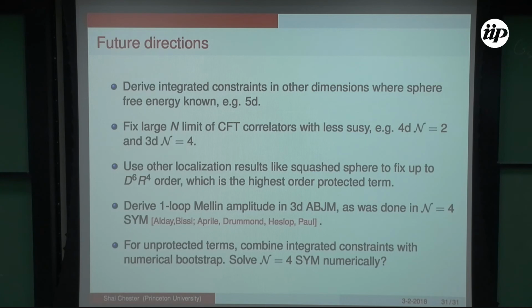And now that we have these localization constraints, which allow us to feed into the bootstrap exactly known quantities about theories, and quantities which are known as functions of all the important parameters, such as N, k, g_YM, we can feed these into the bootstrap and then, combined with those non-perturbative methods, hopefully solve these theories for any value of N and for any value of the coupling. And so in particular, I'm working on that now for N=4 super Yang-Mills, and the plan is to solve N=4 super Yang-Mills.